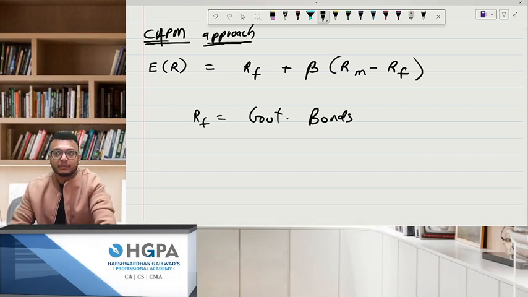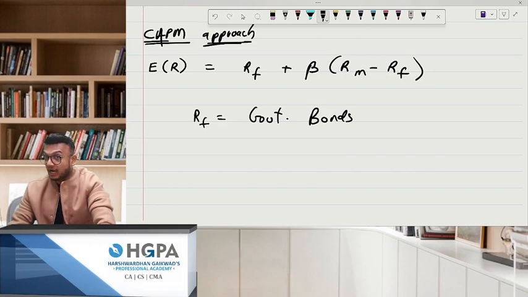Because companies might liquidate, they might go out, they can stop, they can close down, but not government. So for example, treasury bills, treasury bonds, anything issued by the government comes under RF. Very simple.